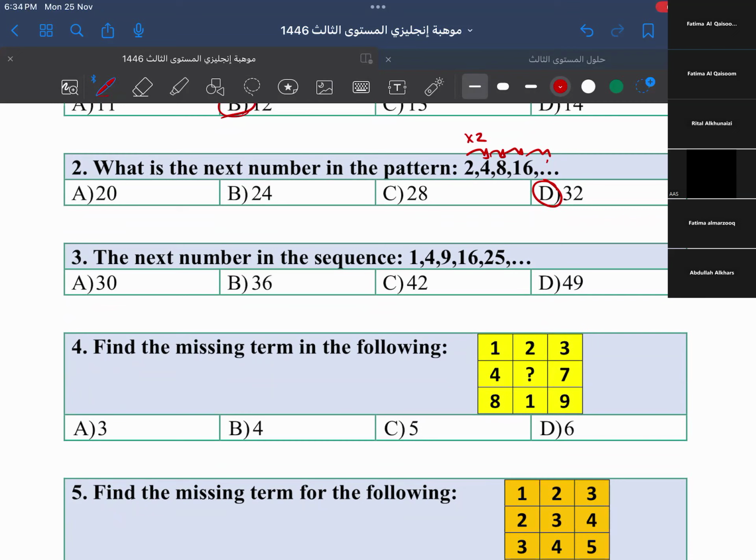Anyone? Maria, do you want to try? The next number in the sequence is 1, 4, 9, 16, 25. So what do you think the pattern here is?